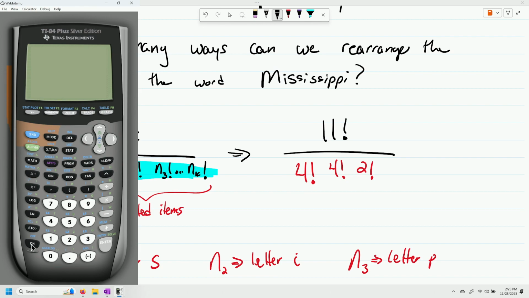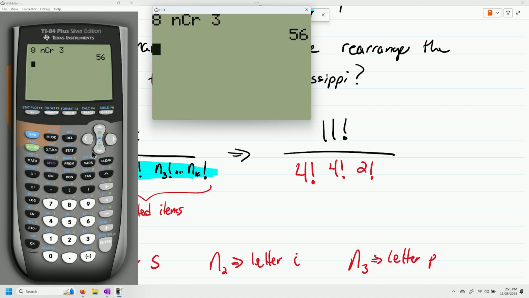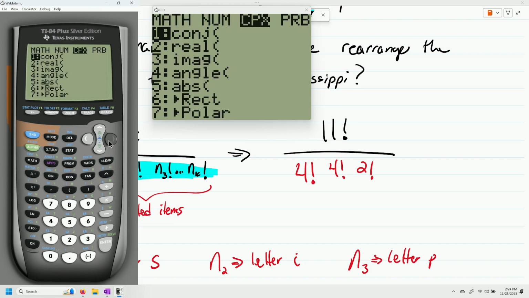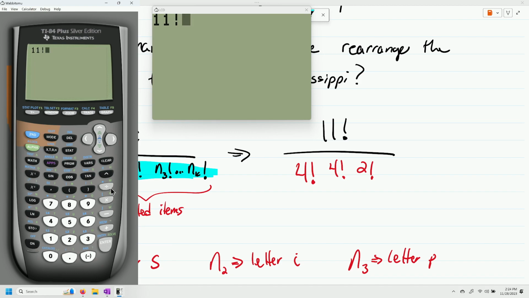I'm going to turn on our calculator. All right, so here we go. So in my numerator, it's going to be 11 factorial. Divided by. Now, to make sure everything is in the denominator, all you have to do is put it in parentheses.